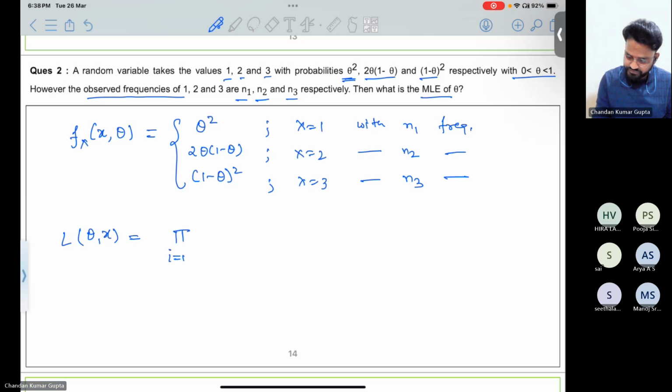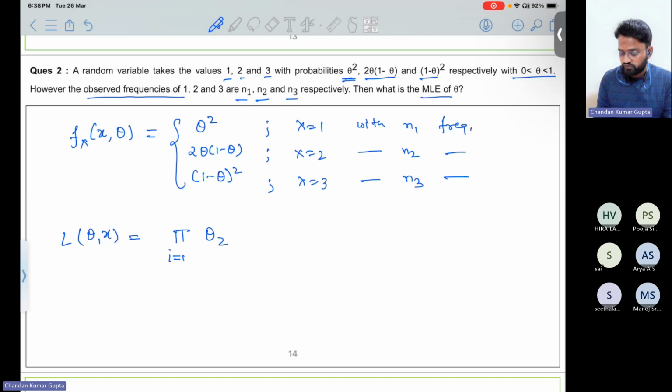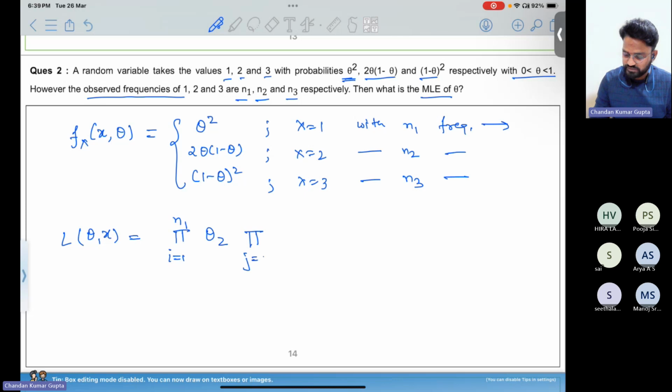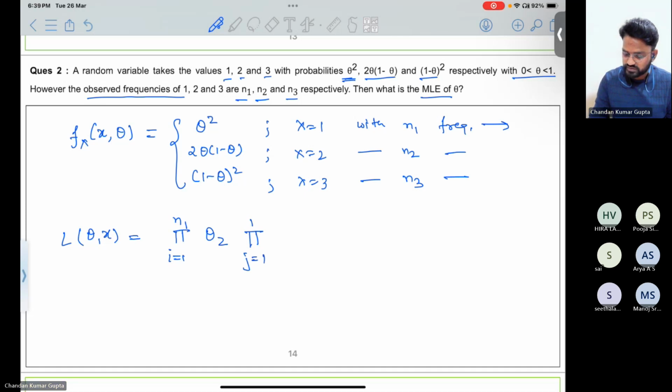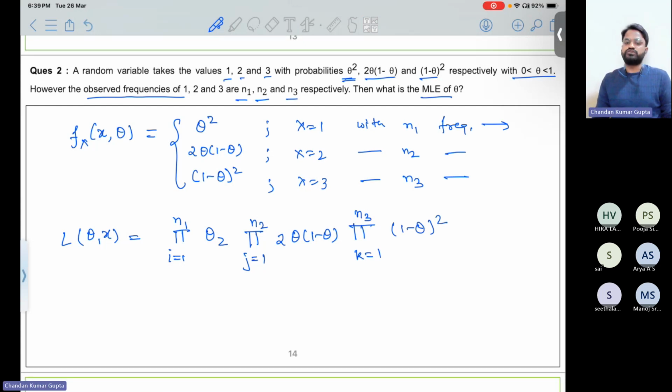Starting with theta square, with i from 1 up to n1, because with frequency n1 it is theta square. After that, suppose we consider j from 1 to n2, it is twice theta 1 minus theta, and for the third one, suppose we take k from 1 to n3, it is 1 minus theta whole square. So this is our likelihood function.